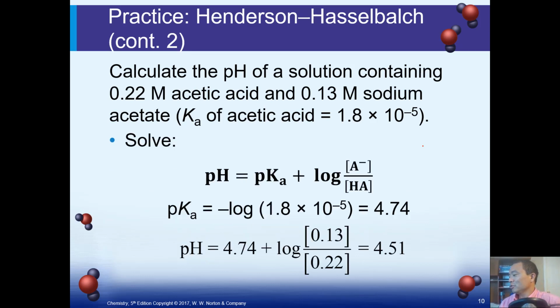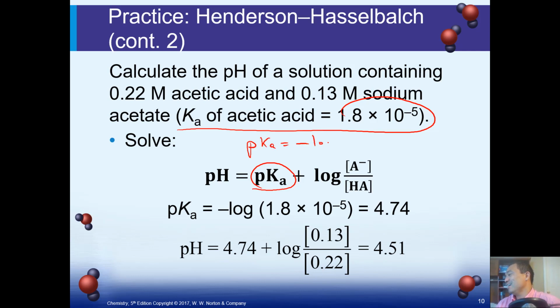So first, you have to calculate the pKa. Ka is provided already. Remember, pKa is negative log Ka. Basically, p means it's a negative log, like pH is the negative log of the proton concentration. So you do the pKa calculation first, which is negative log of the Ka.